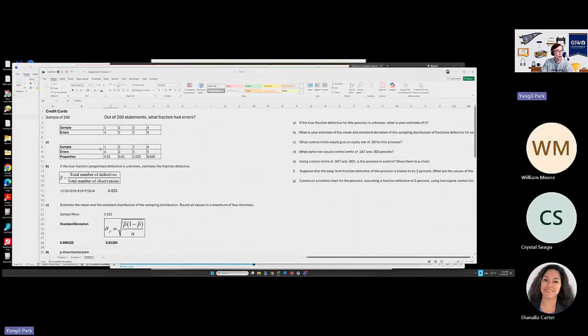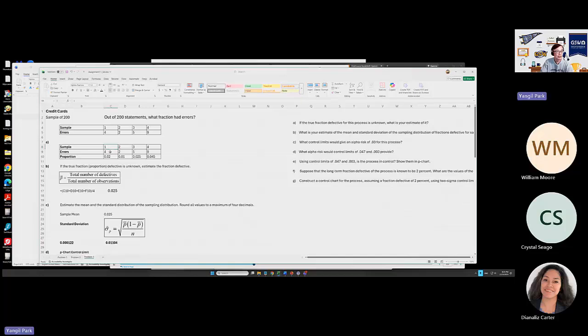So here we go. The sample errors are given. Step A says to find the proportion of those errors. We take those errors, because the samples they have are only 4 different samples, even though they have 200 statements.